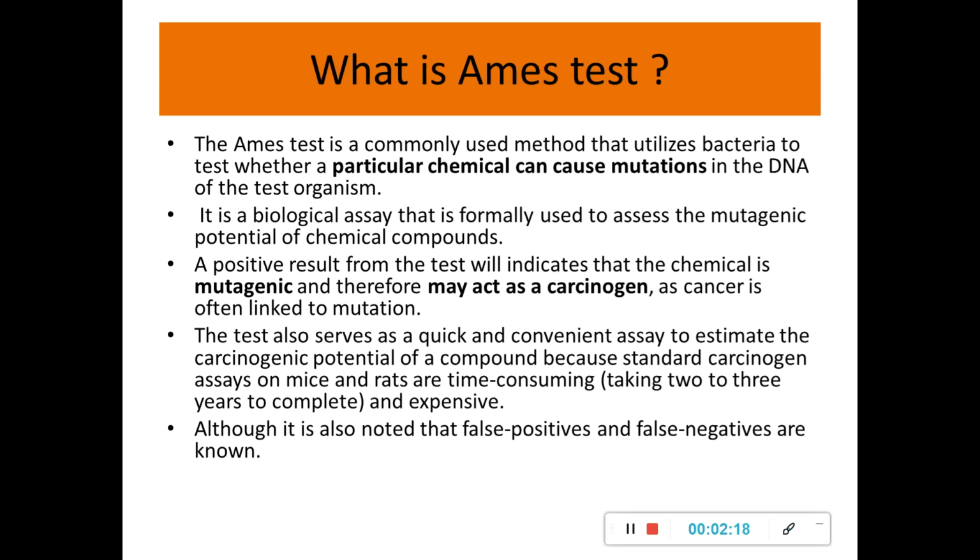It is a biological assay that is used to assess the mutagenic potential of chemical compounds, and a positive result from the test will indicate that the chemical is mutagenic and therefore it may act as a carcinogen, as cancer is often linked to mutation.